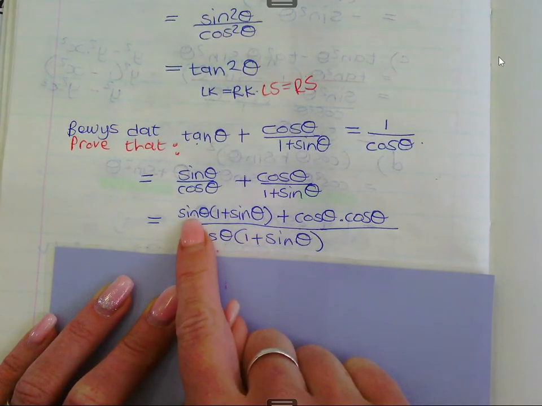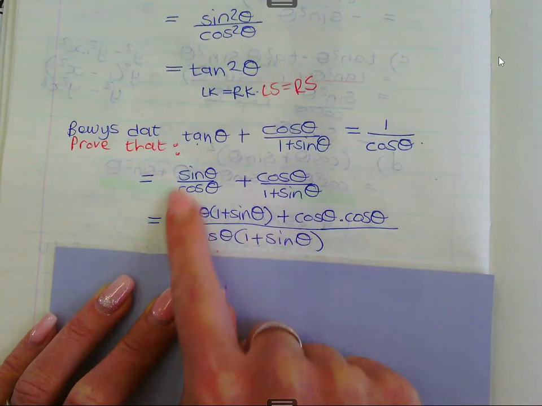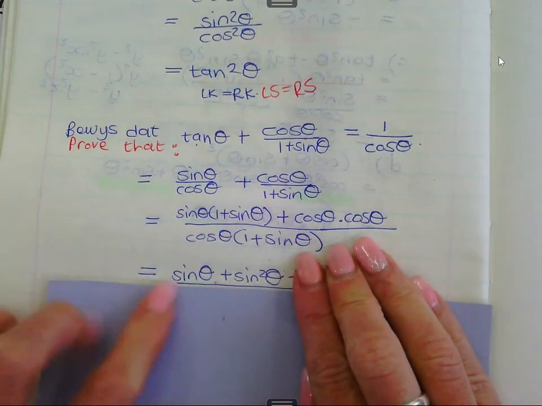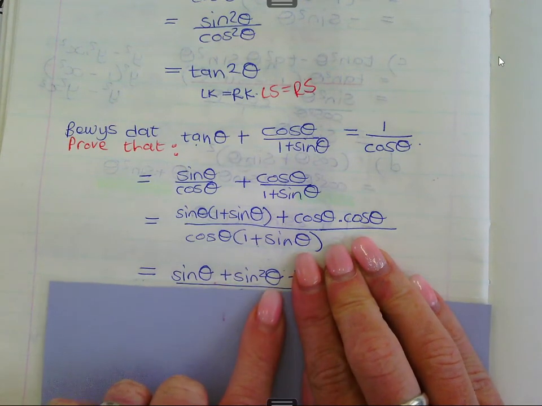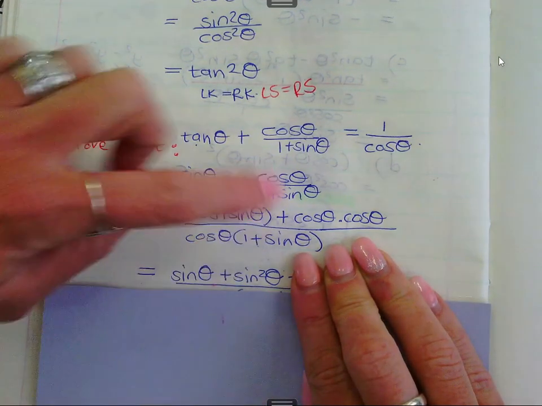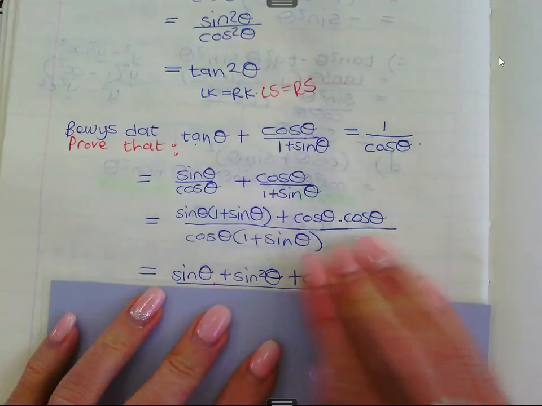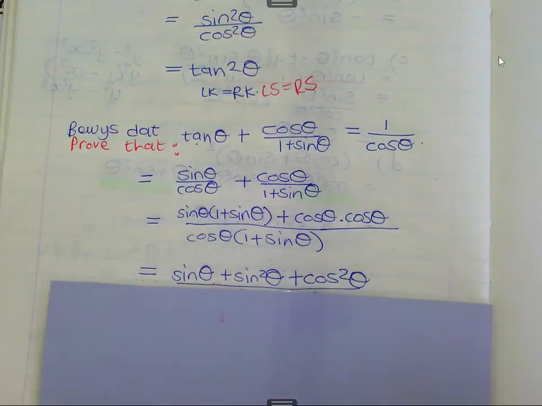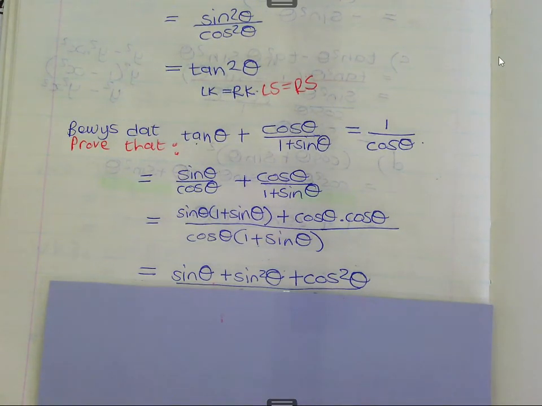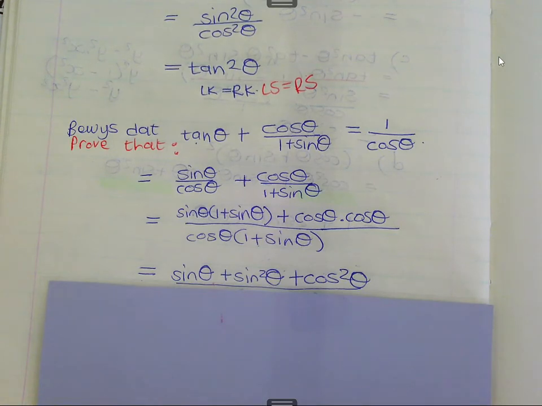Okay, so here I'm going to say sin times 1 and sin times sin. Then it will be sin theta plus sin squared theta. And here I have cos theta times cos theta. It will be cos squared theta. Do you see something?